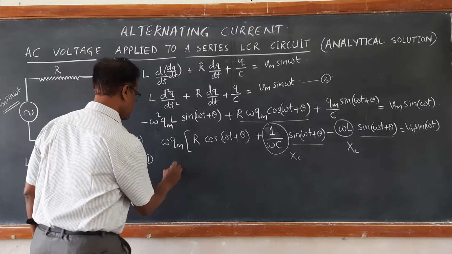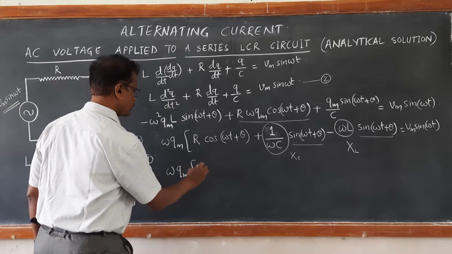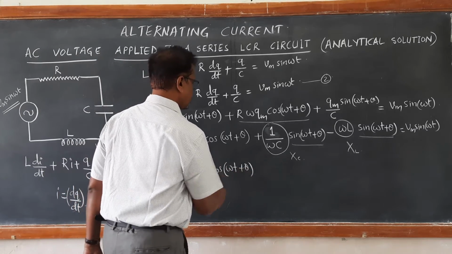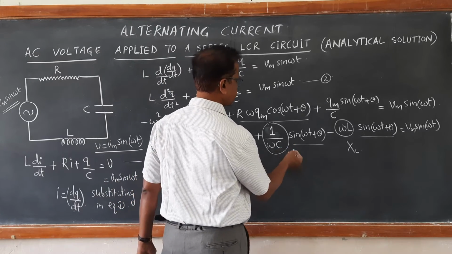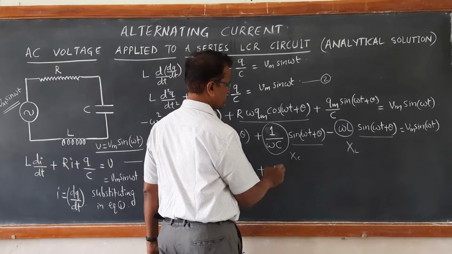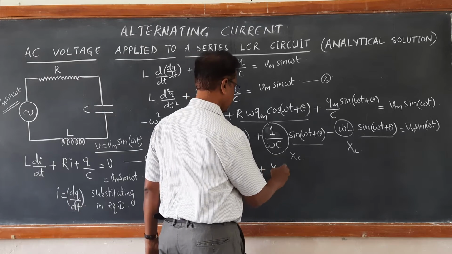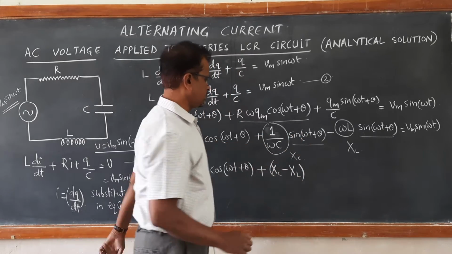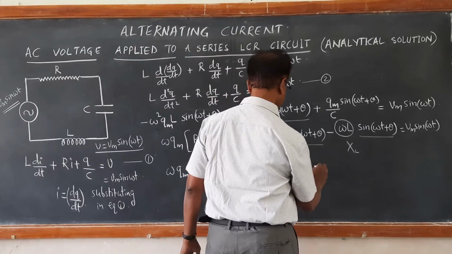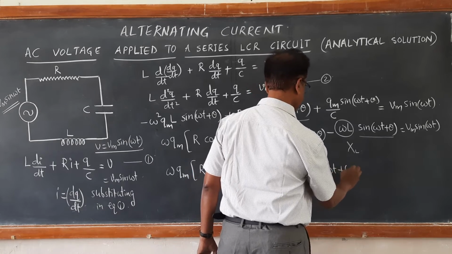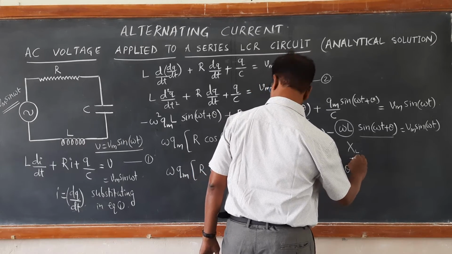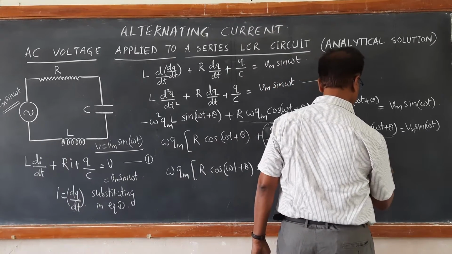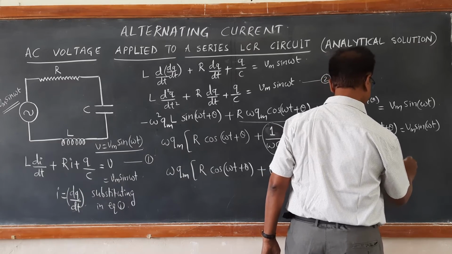So rearranging, omega qm into [R cos(omega t plus theta) plus (XC minus XL) sin(omega t plus theta)] is equal to Vm sin omega t.